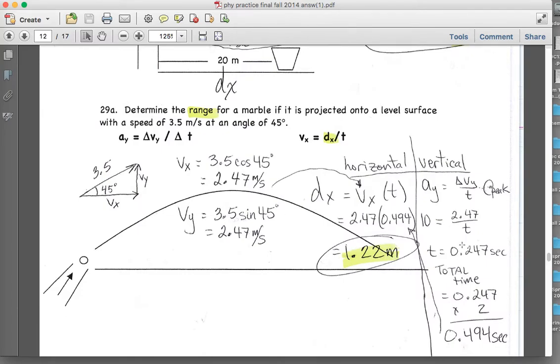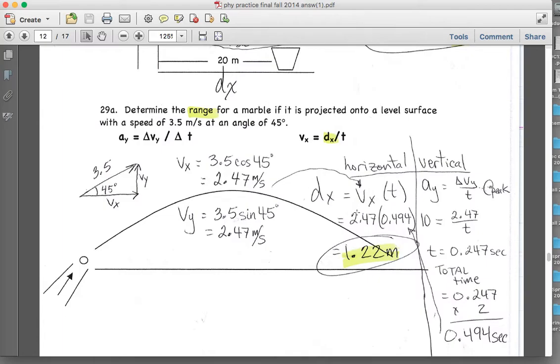Step two is use my vertical velocity to figure out the time. Now please remember that time only gets you halfway. That's really the time from the peak to the ground. So then we would double the time, and that's the total time this thing's going to move for.